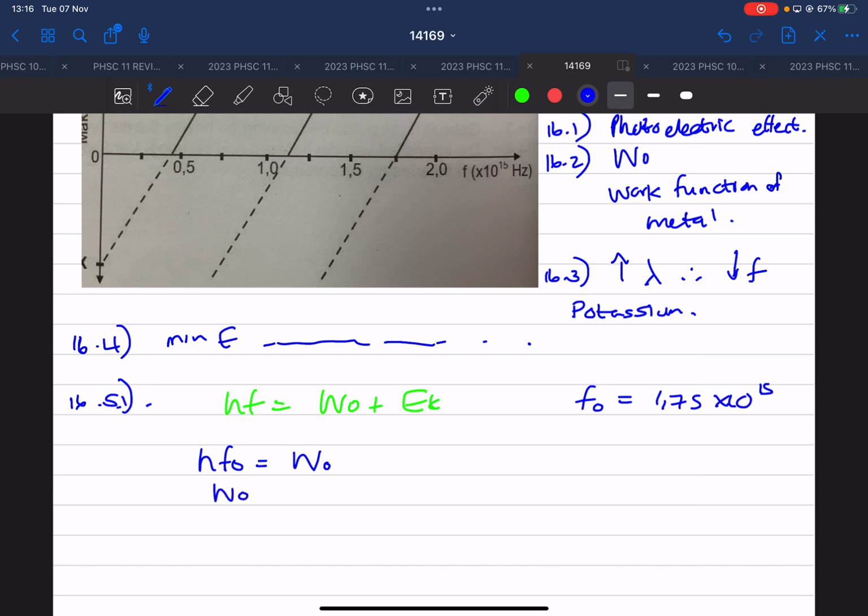Okay, so, arbeidsfunksie is 6,63 maal 10 tot die minus 34 maal 1,75 maal 10 tot die mag 15, which is 1,16 maal 10 tot die minus 18 joules. Kry ek?